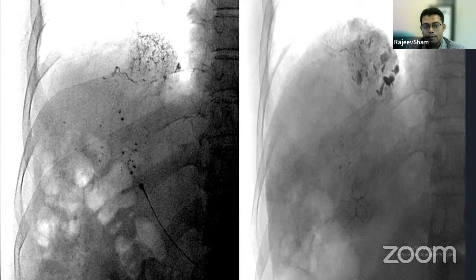The image on the right side is after we have given the chemoembolization drug, and you can see all the chemo drug is accumulating in the hepatocellular carcinoma. The drug is mixed with some lipiodol, which appears darkish in color in this image.